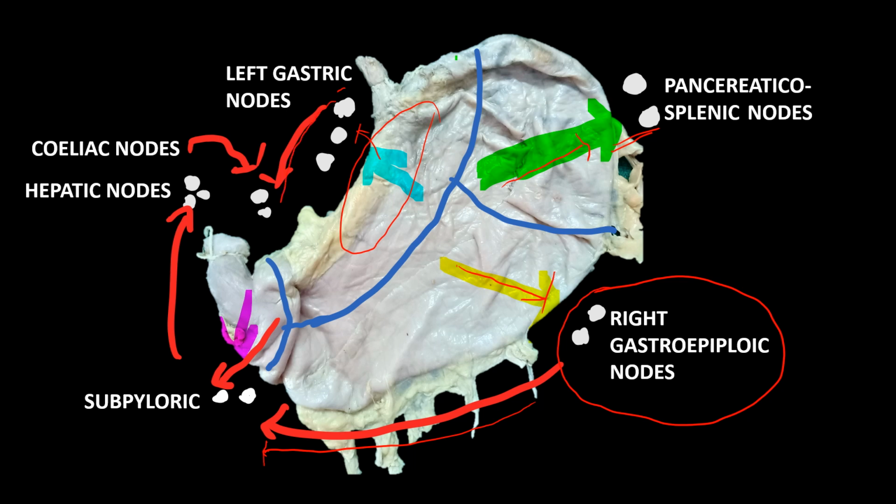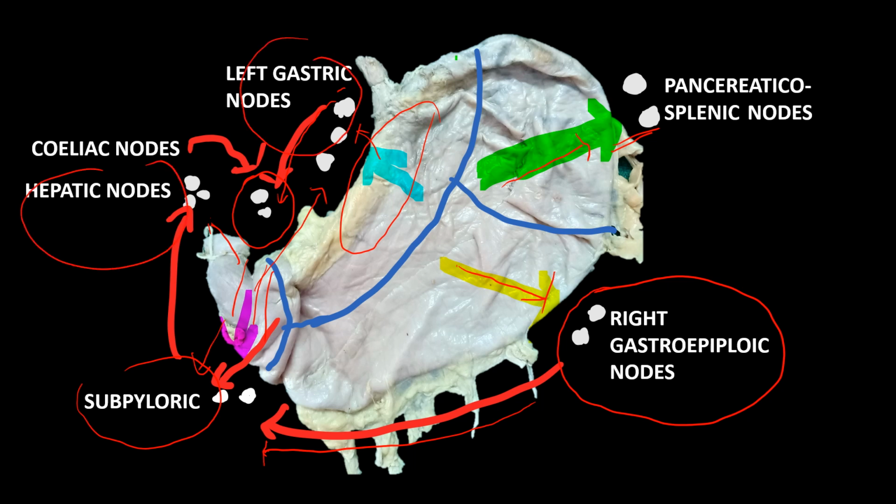Lymphatic channels drain from the left gastric nodes into the celiac nodes, while the pyloric part of the stomach drains into the subpyloric, hepatic, and left gastric nodes. All lymph nodes like subpyloric, hepatic, and left gastric nodes ultimately drain into the celiac nodes.